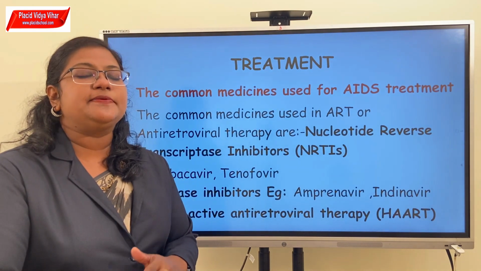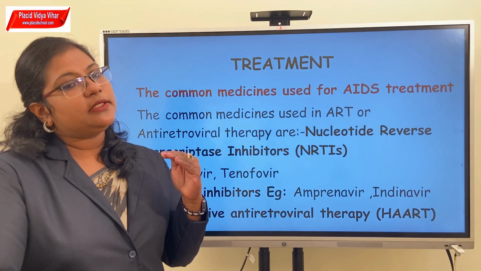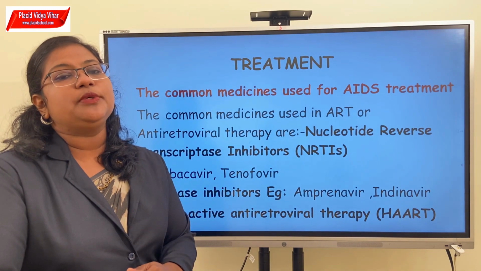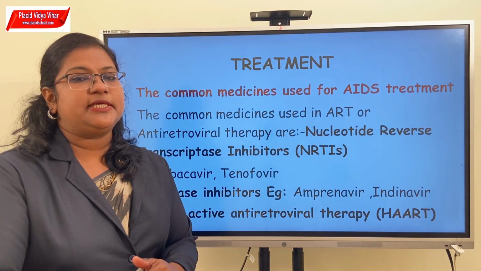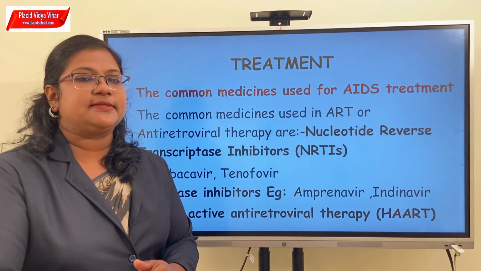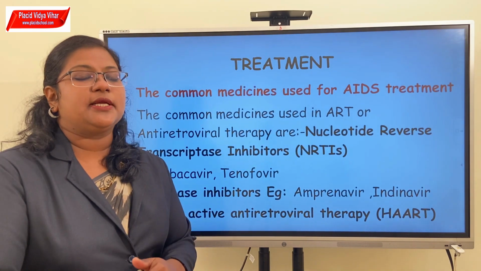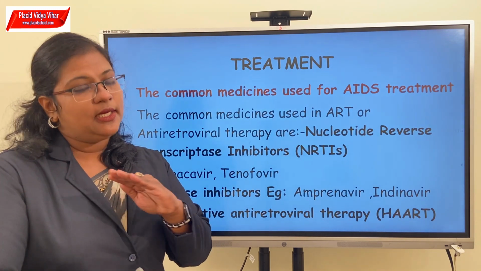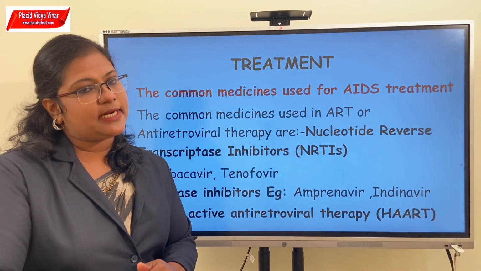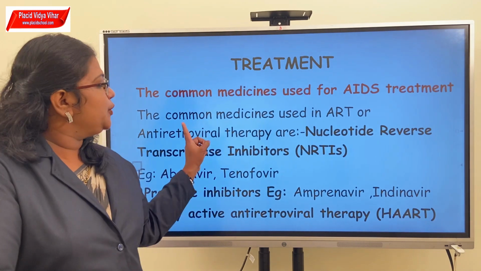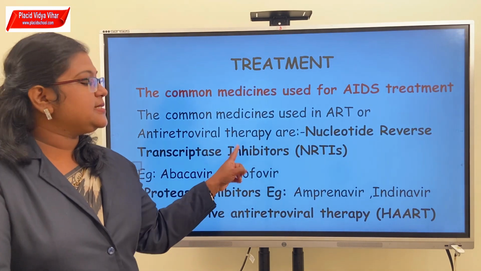It can be different types of therapies, and a common type of therapy is to inhibit the reverse transcriptase enzyme of the virus. Those classes of drugs which stop the function of reverse transcriptase are known as nucleotide reverse transcriptase inhibitors.